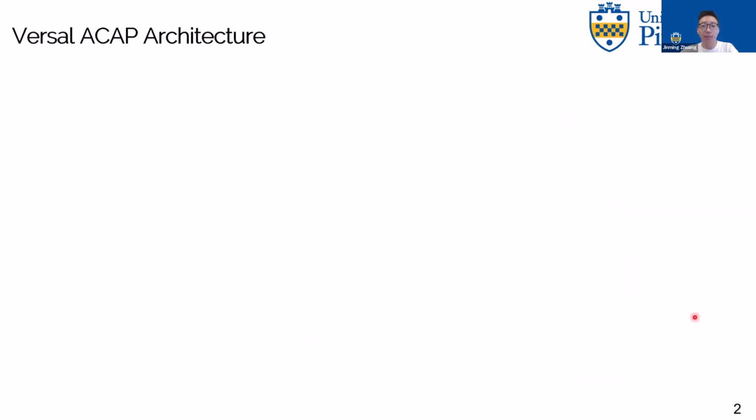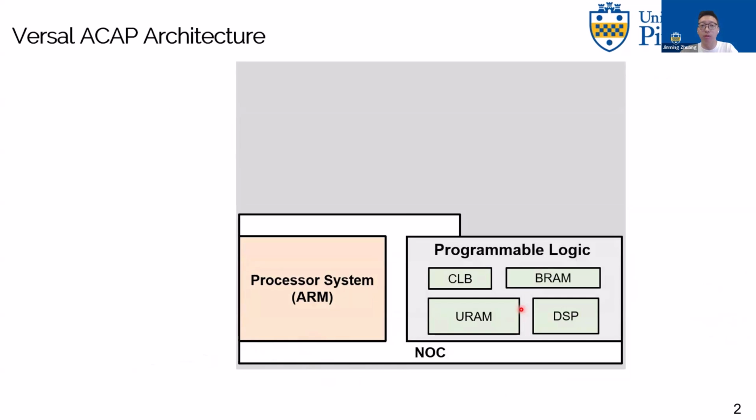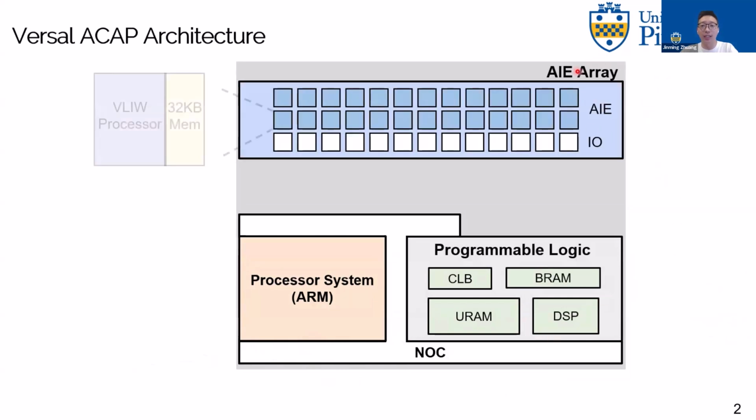So Versal ACAP is a 7-nanometer fully software programmable heterogeneous computing platform featuring a general purpose processing system, the programmable logic, and the dedicated AI engines. Each AIE here is a 7-way very long instruction word supported vector processor with a 32 KB local memory in AIE version 1.